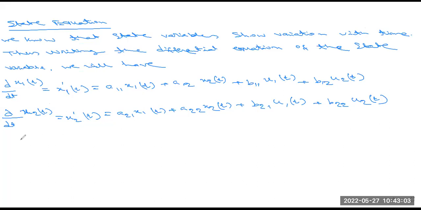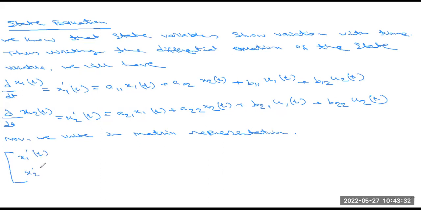Now we write the matrix representation. Okay, so first this is x1'(t) and x2'(t).